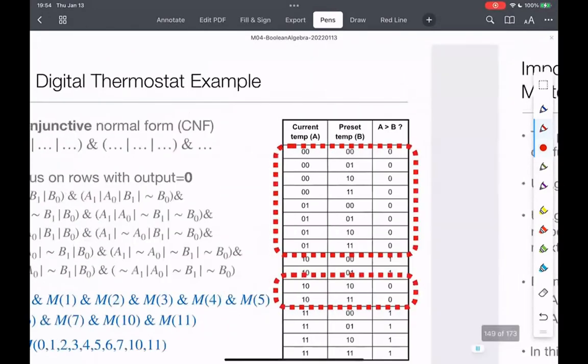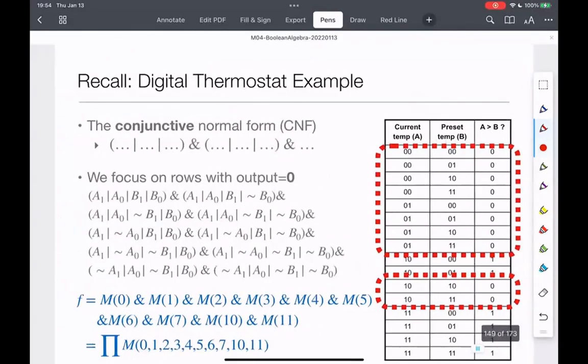No, because what we are saying is the function is 0 if any one of them is 0. Remember, the max terms are being ANDed together. So if any of the max terms is 0, the function is 0, which is exactly what we want. We are focusing on the rows where the function is 0, and a max term takes the value 0 in the corresponding row.